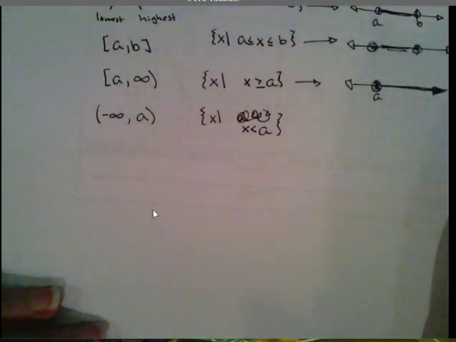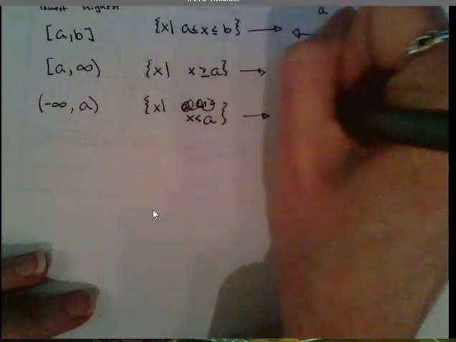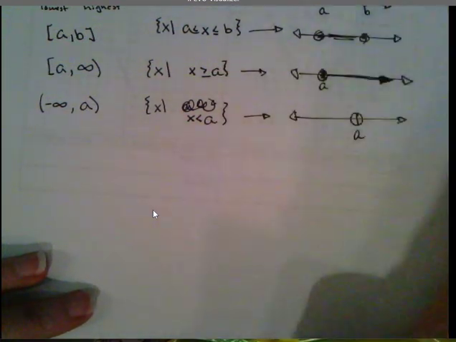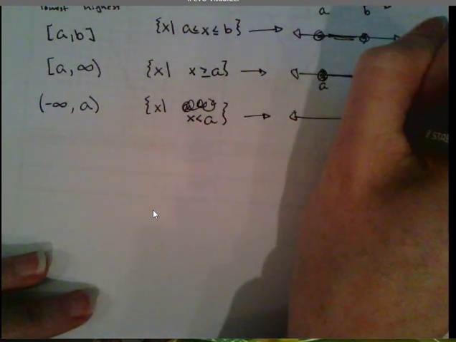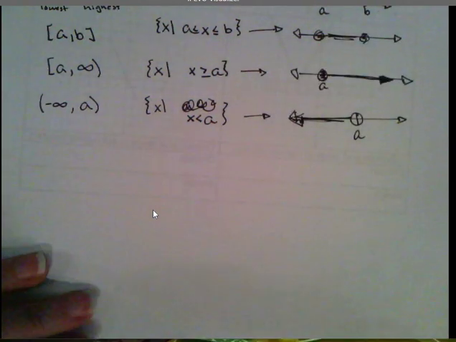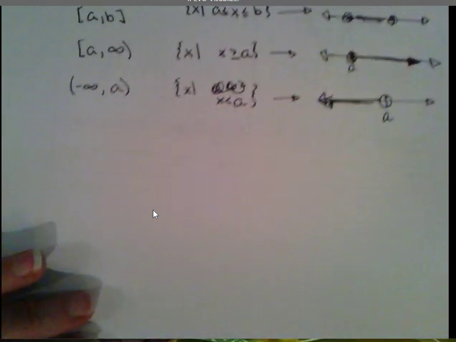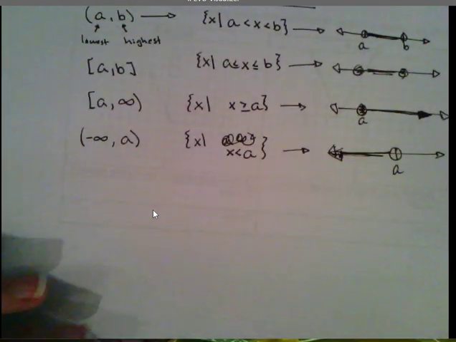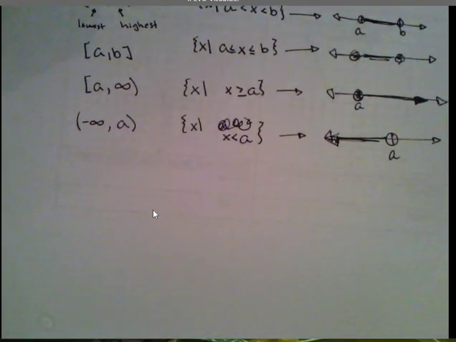End brace. So what that will look like on a number line here, we'll be at a, we'll have an open hole this time because it's a parenthesis, but now we're going towards negative infinity because we want to go towards our negative numbers. So that's our interval and set builder notation. We'll use these mostly to represent those domains and ranges, which we'll look at when we get to our graphs.